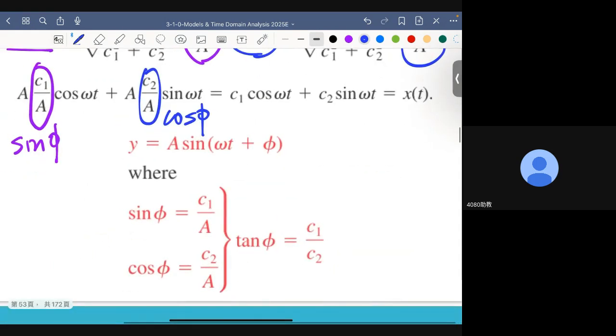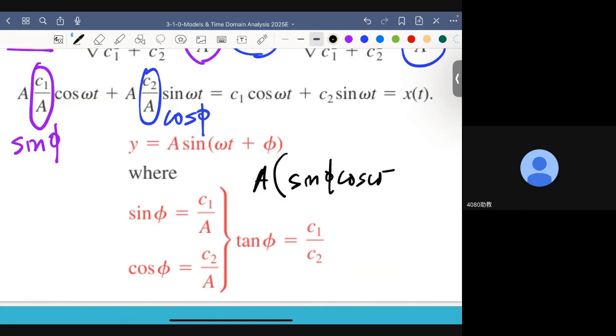Therefore, what I have for the left-hand side of this equality is A times sine phi cosine omega t plus cosine phi sine omega t, right?